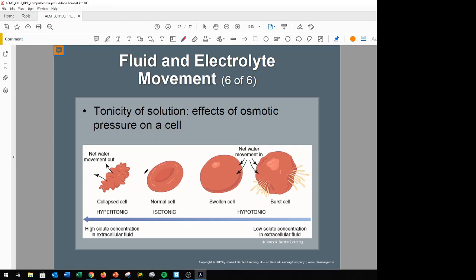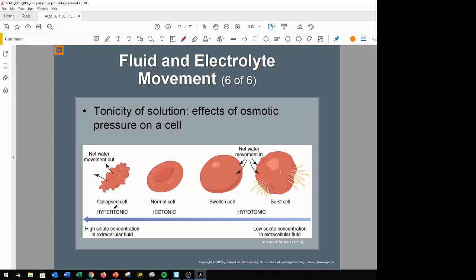That's because it has the same concentration of sodium as the cell. Water's not going to shift inside and it's not going to move outside. It basically is just going to bathe that cell. That's all.